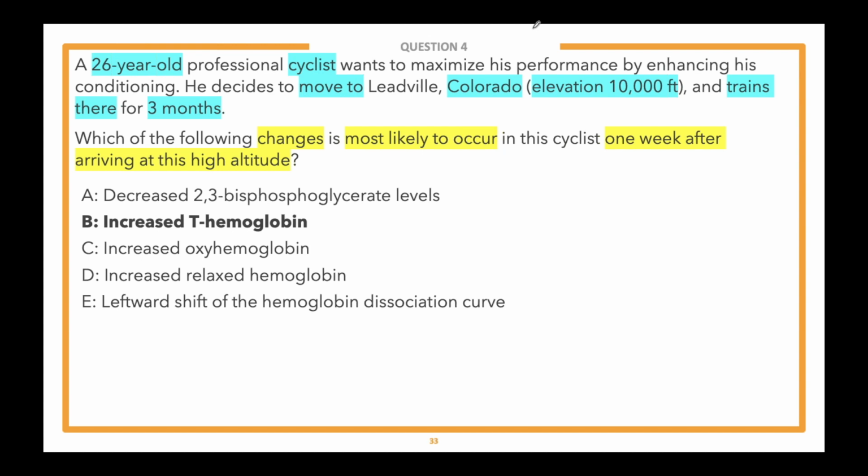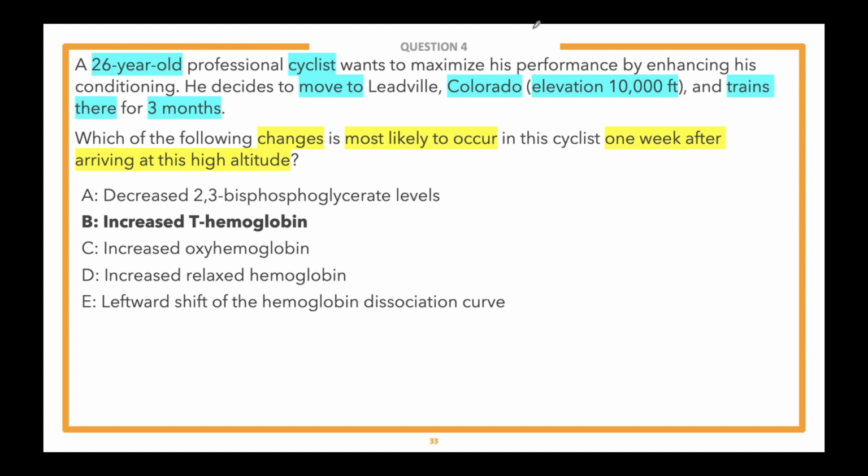So let's take a look at what's going on. As you can imagine, this patient is moving to a high altitude. So the immediate response would be hyperventilation. He would be hyperventilating in response to the low inspired oxygen in the atmosphere. That would cause an increased pH and respiratory alkalosis.